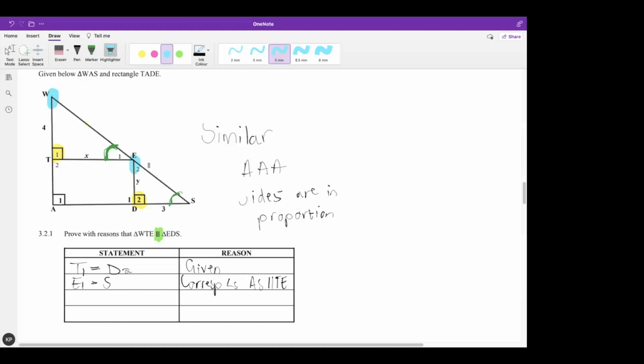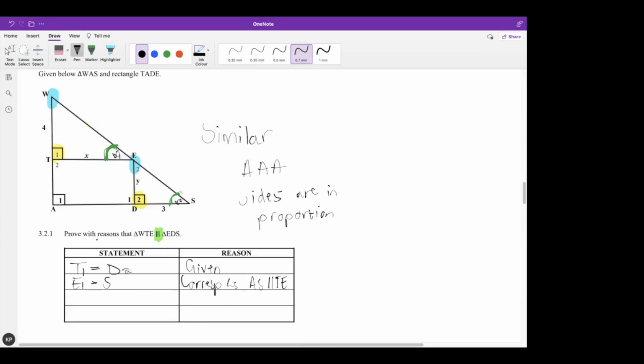No, we're proving similarity, so we can't use it. But why can we assume that the third one is? Yes, Emmanuel. They add up to 180, don't they? They both add up to 180. So if this is 90 and that's 90, and this is maybe, let's say 60 and that's 60, then the last one will have to be 30 degrees in both triangles.